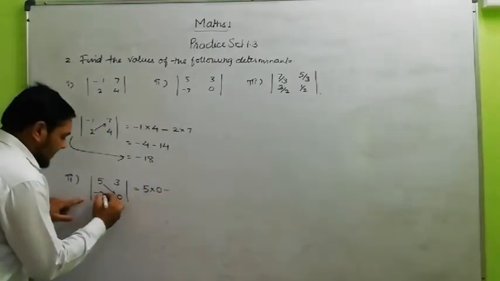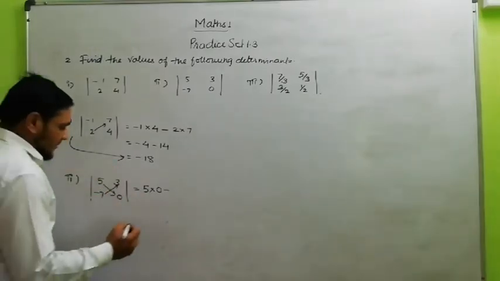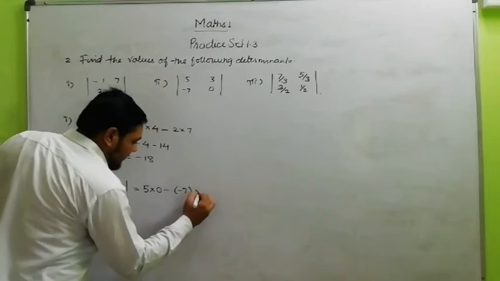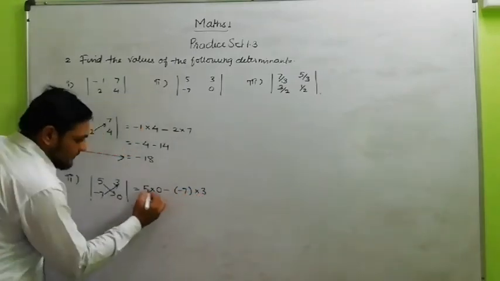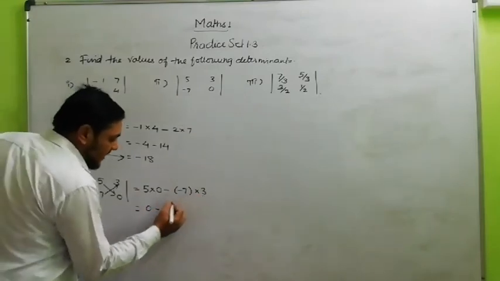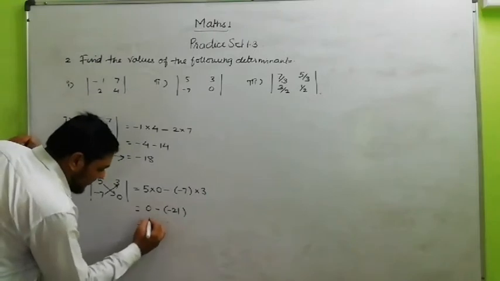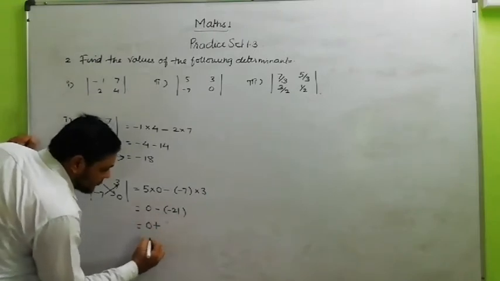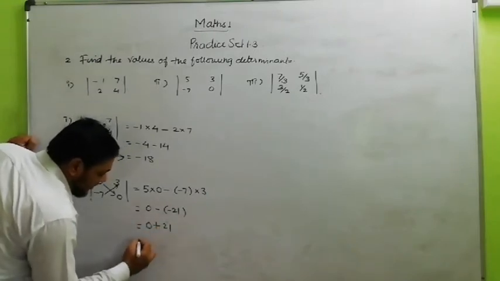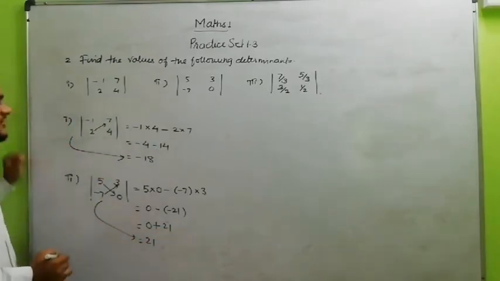Now this negative 7 will be multiplied by 3. So 5 zeros are 0, the negative sign stays as it is, and 3 multiplied by negative 7 is negative 21. So it will be 0, negative negative becomes positive, and this is 21. So 0 plus 21 is 21. The value of this determinant is 21.